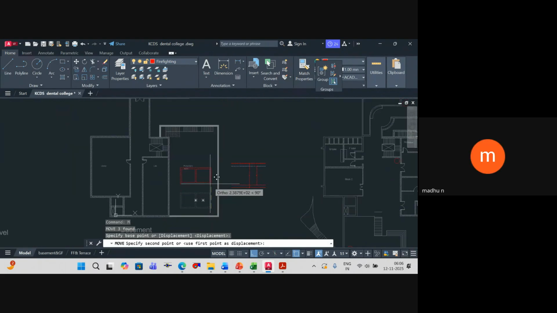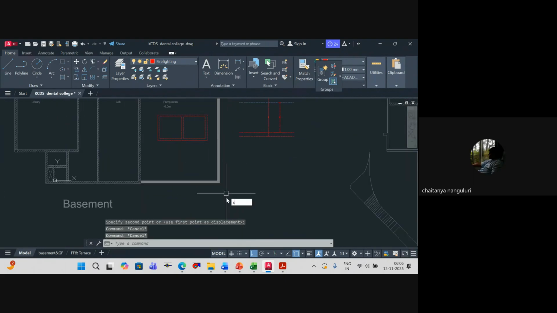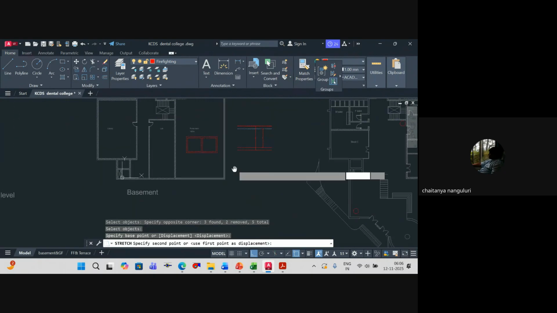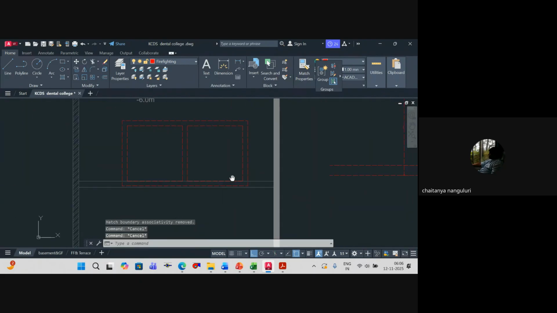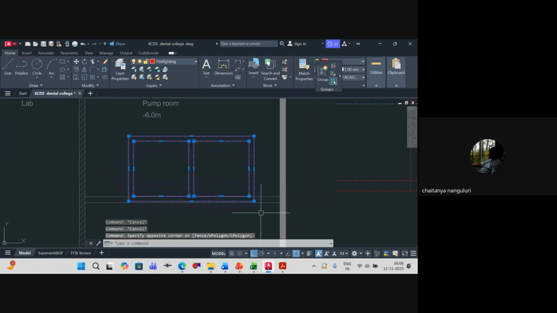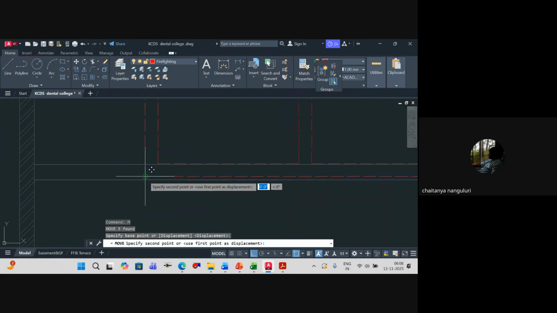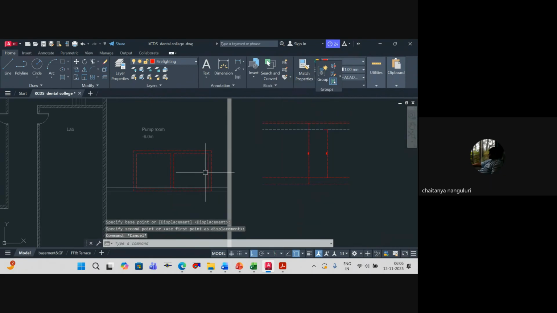Let's say I need not require this much space for the pump room. I need not require that much. So probably my ending wall could just be this one, right? So this one will take it across like this.